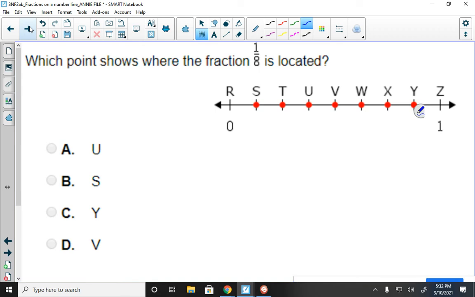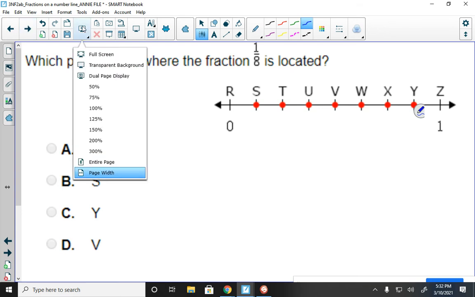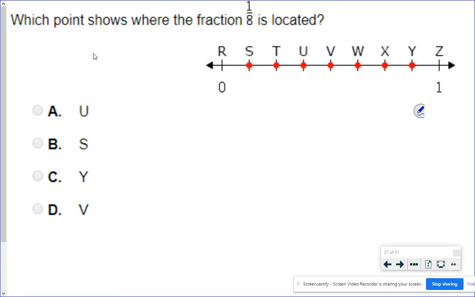Let's look at a couple of practice problems now that we've done all of these hands-on. Which point shows where the fraction 1/8 is located? Well, it's always helpful to me to actually label it, or we know we're going to count by 8, so we can just start at 0 and jump and count. Let's try that. 0/8, 1/8, 2/8, 3/8, 4/8, 5/8, 6/8, 7/8, and 8/8.